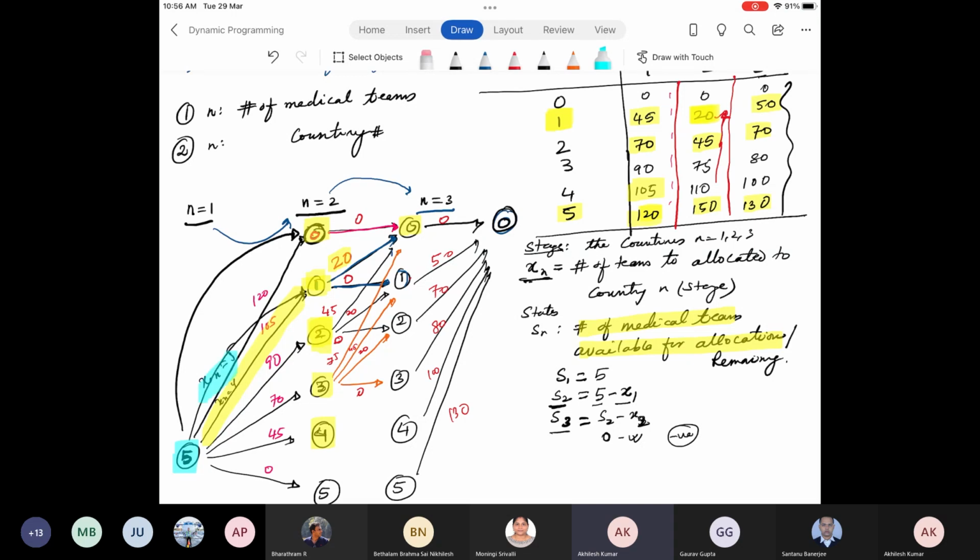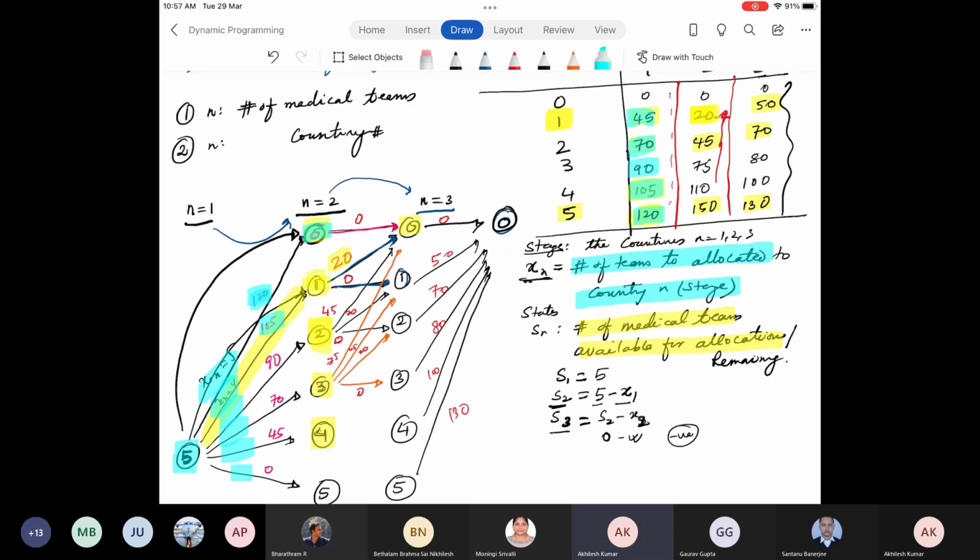So xn is the decision, the number of teams allocated to country n. Based on how many teams you allocate to each country, you have the life expectancy increase that you have written here. So I understand what the issue is. From 5 to 0, it feels like you have not allocated anything. But 0 is actually representing in stage 2 that you have allocated everything to country 1. Clear?